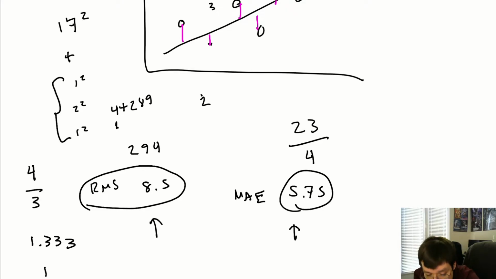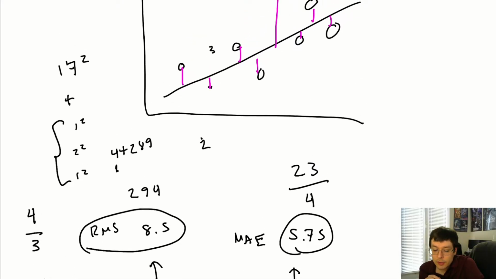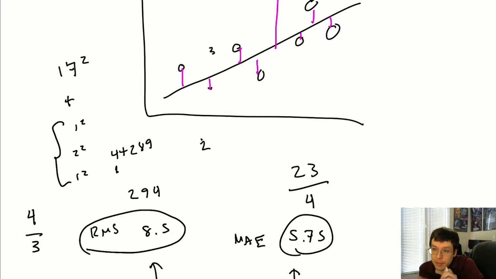Over here, it's just going to be 1, right? Because 4 divided by 4 is 1. So it's going to be slightly bigger than this one. But they're almost the same. Whereas here, you can see how that outlier really made the root mean square error go up.